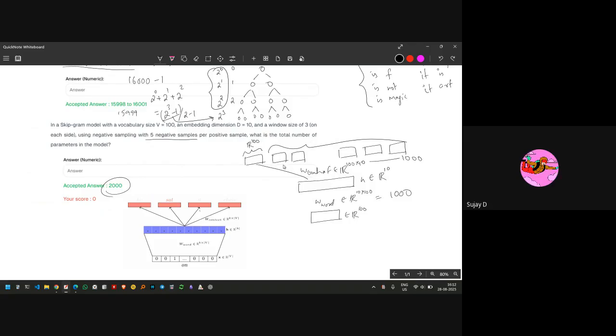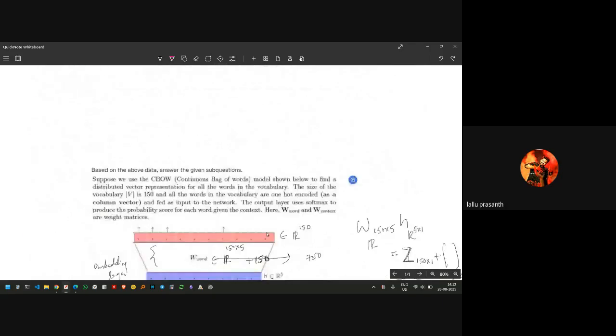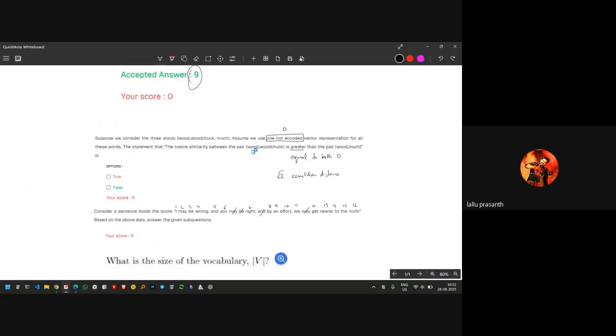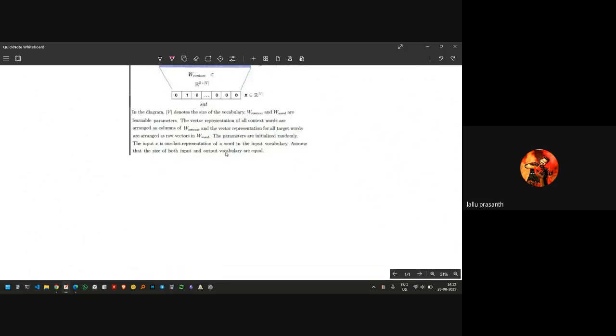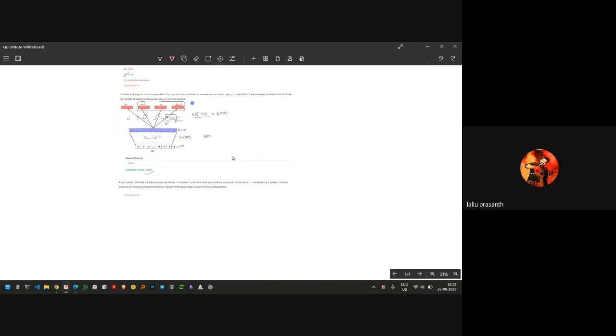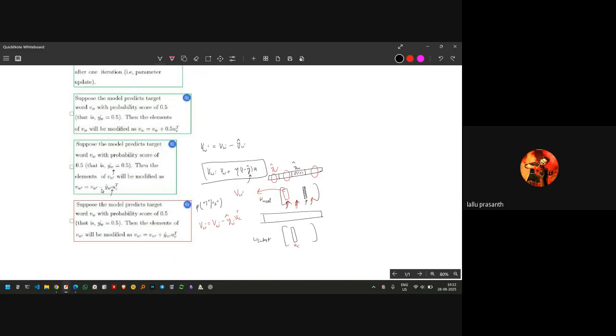Here negative sampling is there, so we keep W context the same for all. That's why we don't multiply by 6 here. But at the end, we multiplied it, right? This is the difference I'm trying to convey. In negative sampling, don't multiply. You remember this last question also, right? This minus will come, these probabilities.